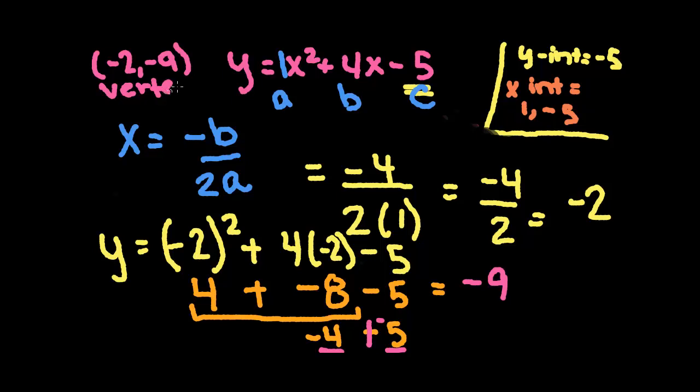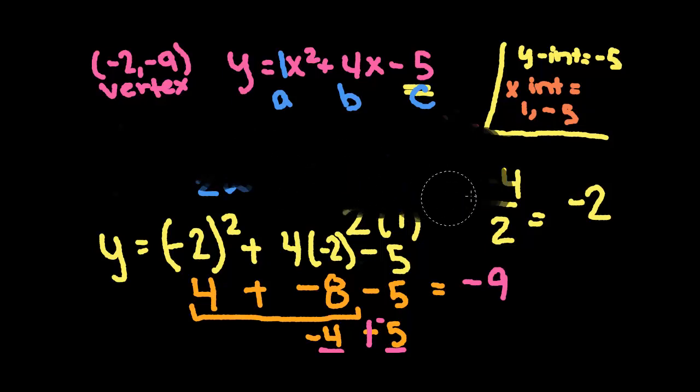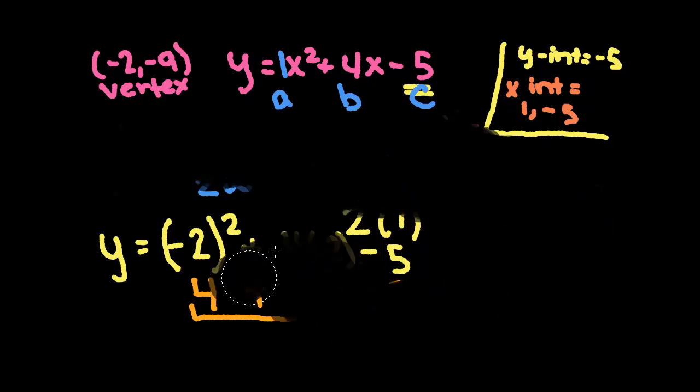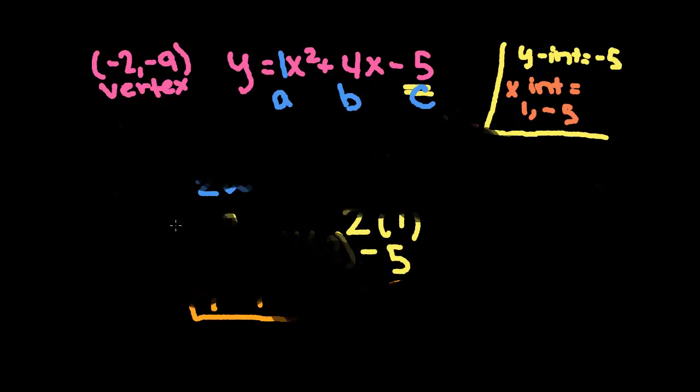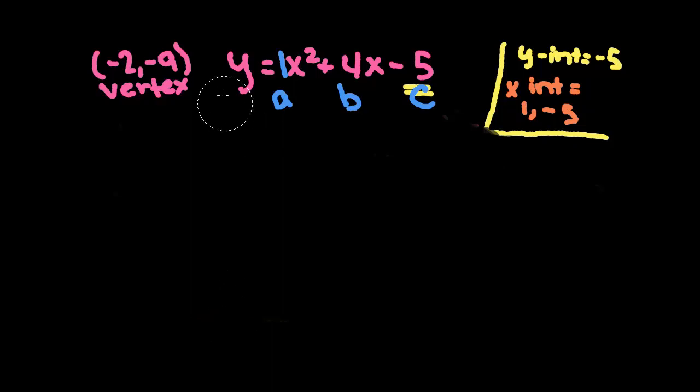Now let's also learn how to do it using completing the square. For the complete the square approach, you're going to put this in vertex form. And some teachers just require you to learn how to put it in vertex form anyway. So, to complete the square, we're going to take that constant and bring it over to the other side of the equation.